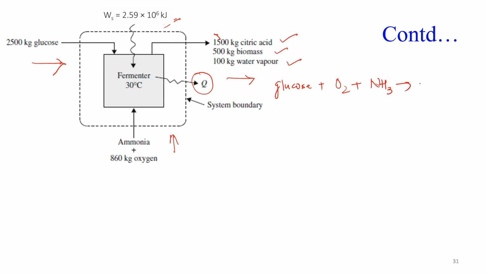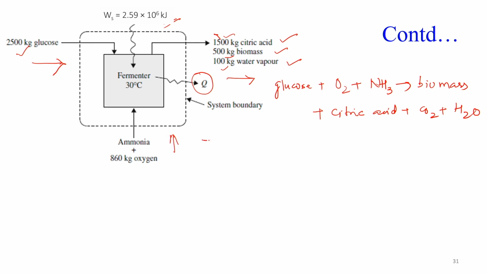This is generating biomass, plus citric acid, CO2 and H2O. So, we did not do the material balance because all the masses are given to us. Now, we can directly go for energy balance.